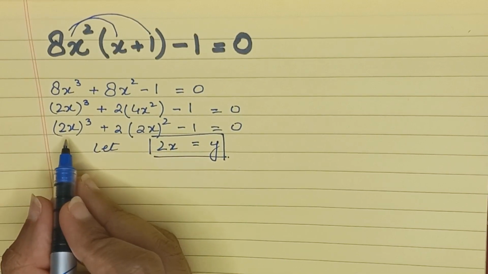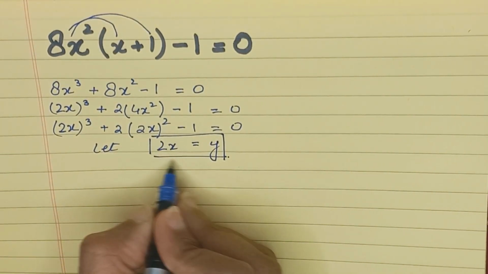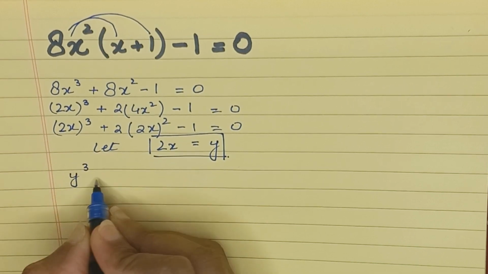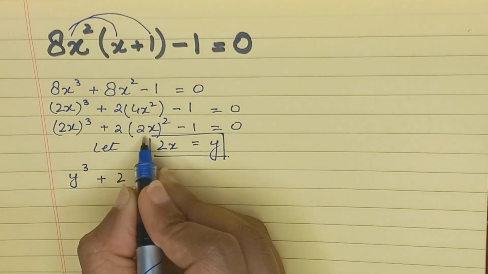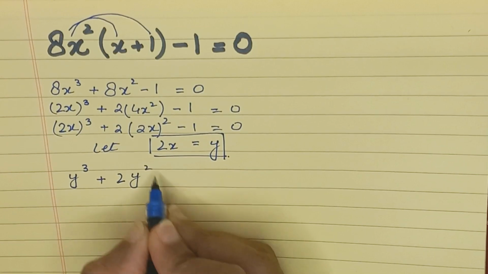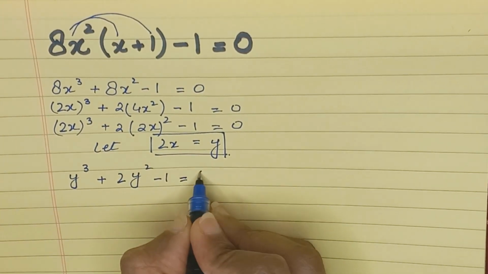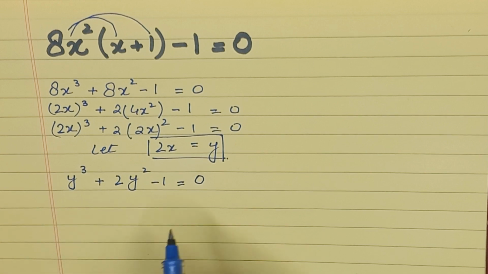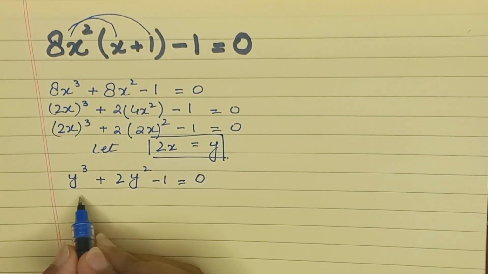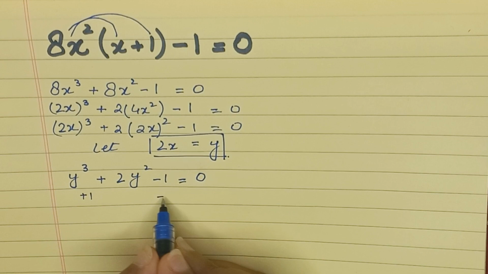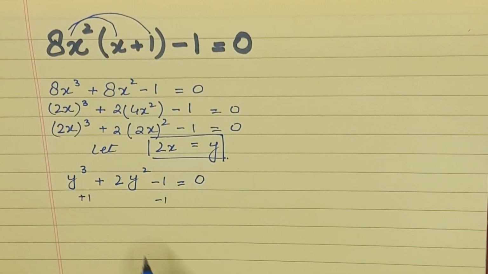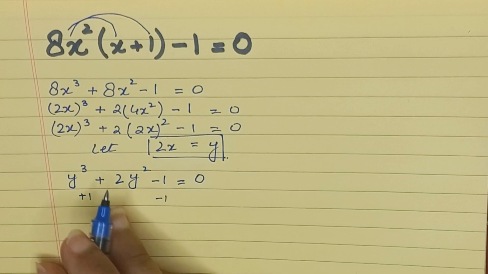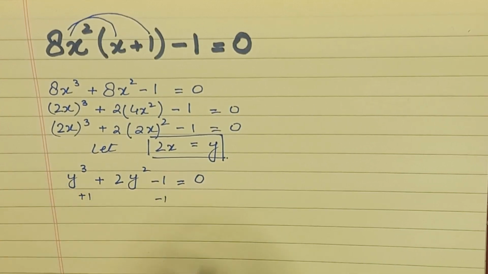Now it will become y cube plus 2y square minus 1 which is equal to 0. Now we will add plus 1 and minus 1 in the whole expression.